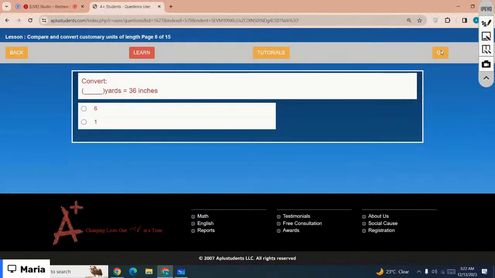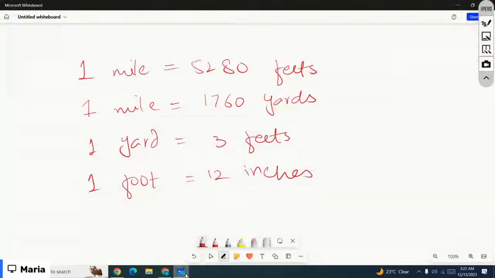Okay, the next one is 36 inches equal how many yards? Basically, that is a conversion between yards and inches, right?